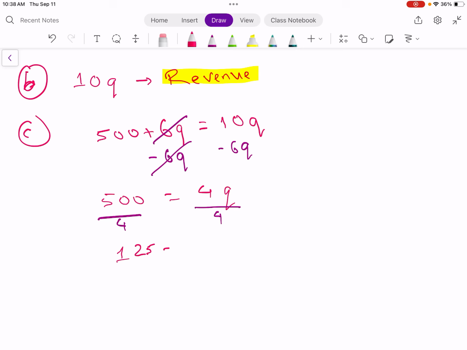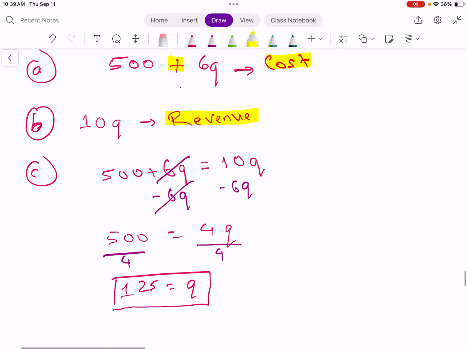So if you sell 125 pounds of coffee, then there is no loss, there is no gain. So no profit, no loss. That is the break-even point. So you have to at least sell 125 pounds of coffee. Okay. Any question for part C?